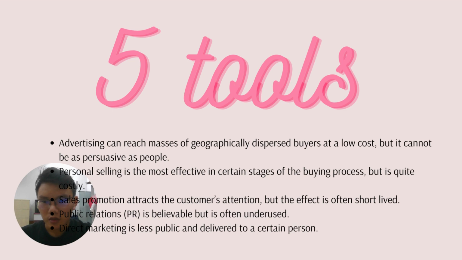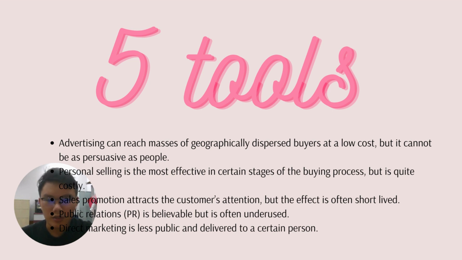The promotion mix consists of five tools. Advertising can reach masses of geographically dispersed buyers at a low cost, but it cannot be as persuasive as people. Personal selling is the most effective in certain stages of the buying process, but it's quite costly as you have to pay for the traveling costs.